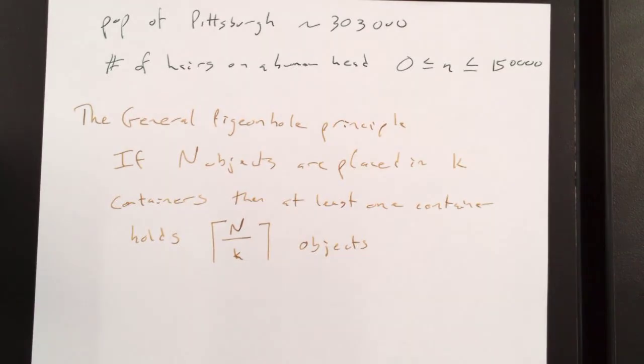At least one row has to have more than 6, which means it has to have at least 7. That happens to be this one. But if I spread you out as thin as possible, it would be 6, 6, 6, and then one other person. You have to go in one of these rows. The lowest possible number is N over K plus 1.